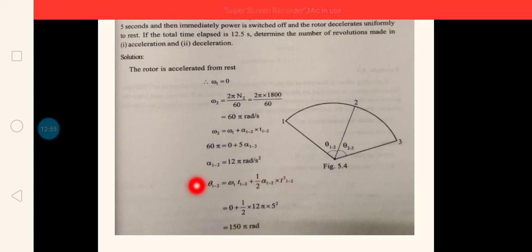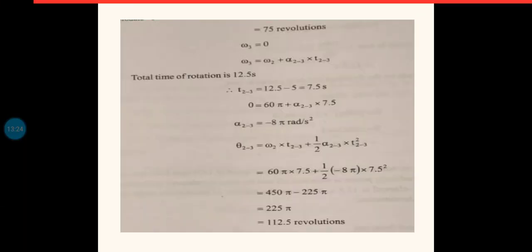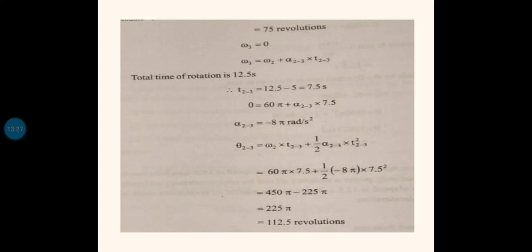It becomes 0 plus half into 12 pi into 5 square, so theta 1 2, the angular displacement during acceleration, equals 150 pi radian. But we want the number of revolutions, and this is angular displacement. Angular displacement divided by 2 pi gives the number of revolutions, so 150 pi divided by 2 pi is 75 revolutions during acceleration.